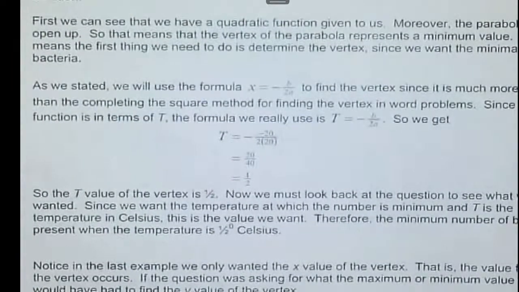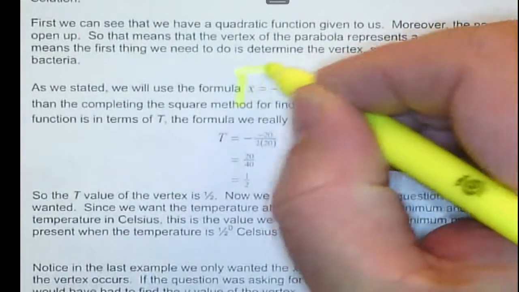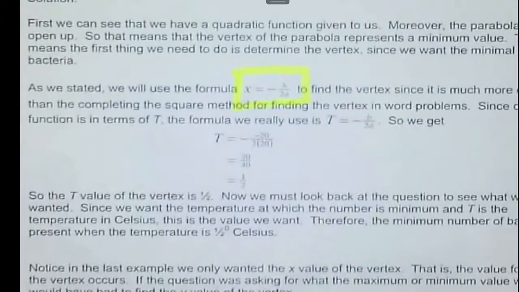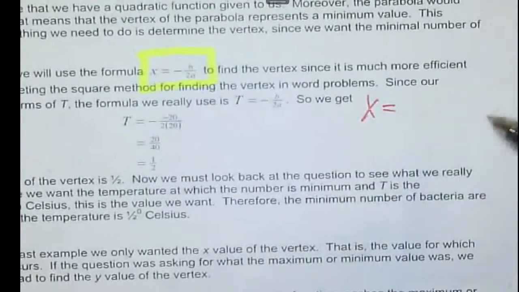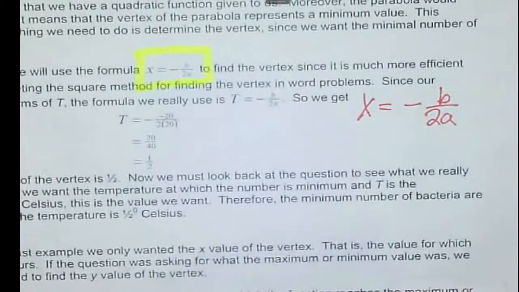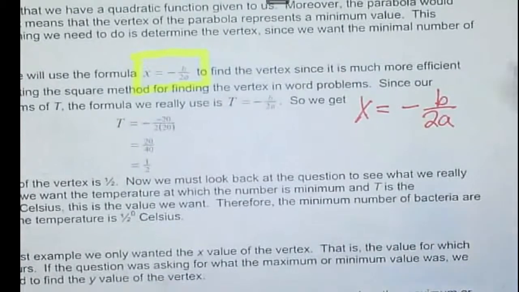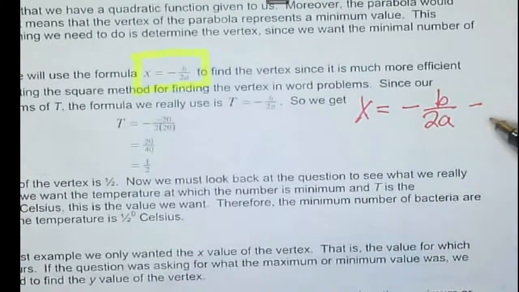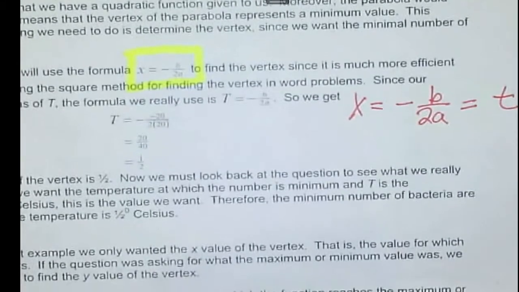And that formula is x equals negative b over 2a. X equals negative b over 2a. Okay? Or replace the x, because in applications problems we're using x as our t, our time.